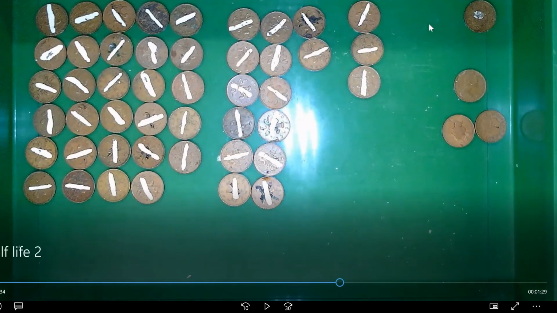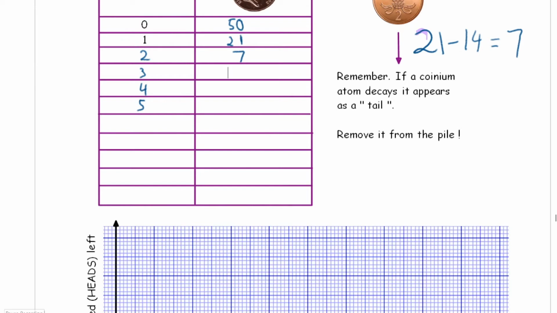So you can see out of the 7, 3 have decayed and 4 remain undecayed. So we'll make a note of that. Right, so we just write 4 there.